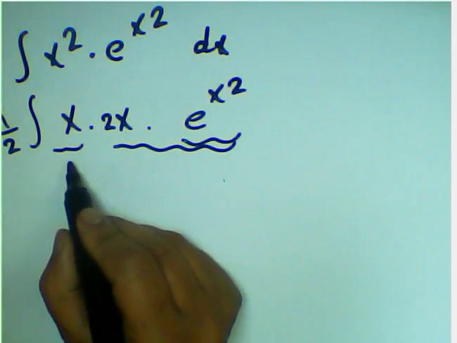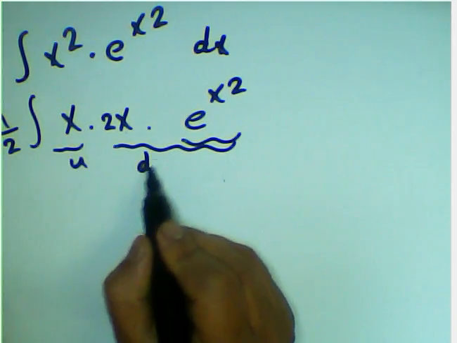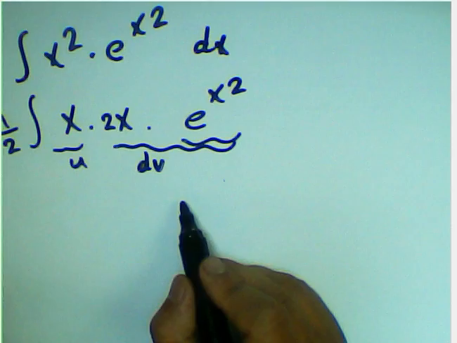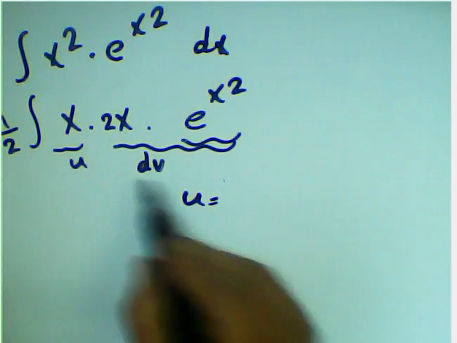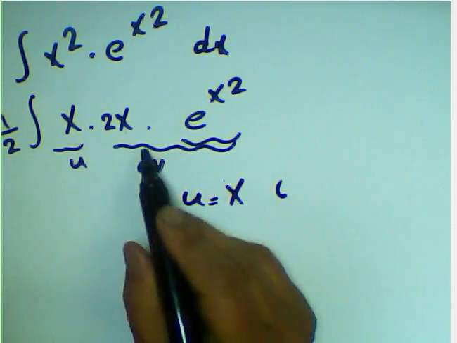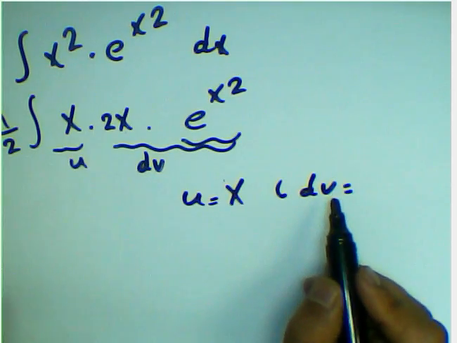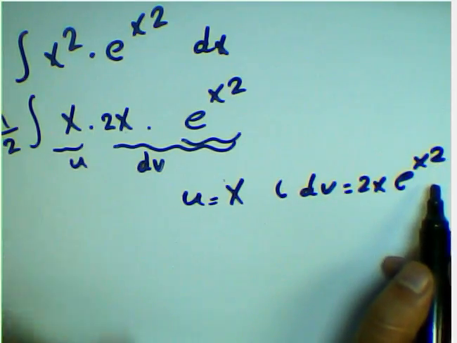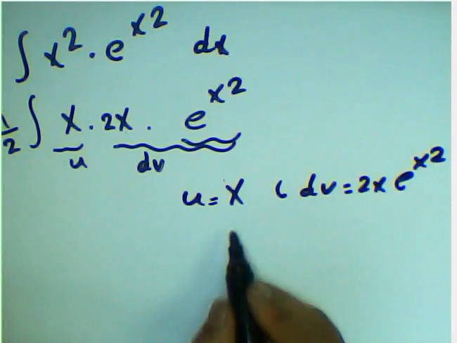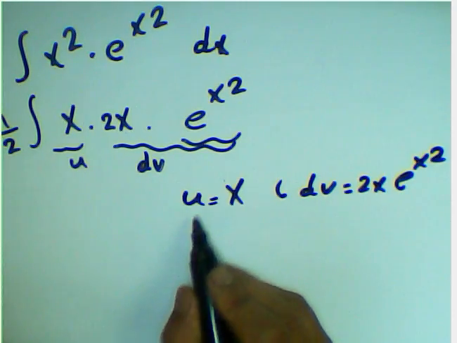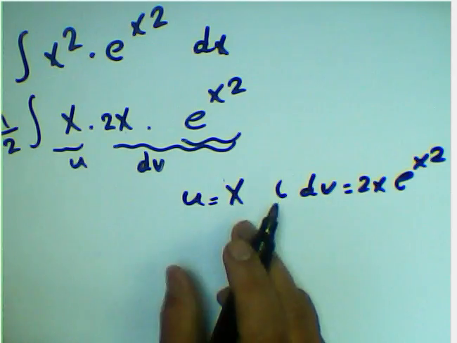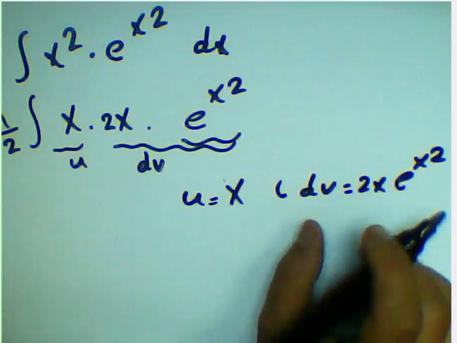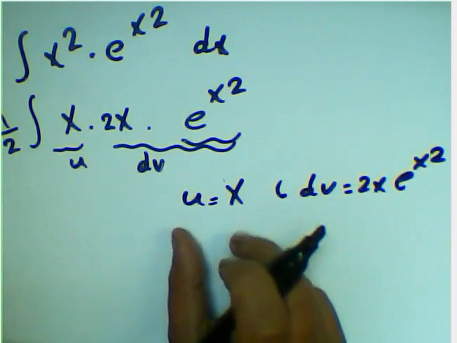Write u here and it will be dv. Okay, then u will be equal x, and put dv equal 2x e power x power 2, and then you can find the derivative of this function and the integration of this function.